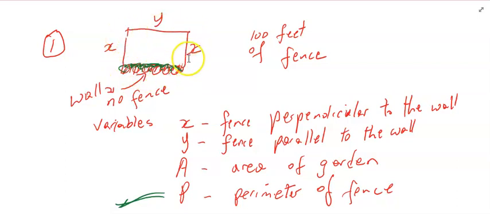The 2 sides perpendicular to the wall, we label those sides X, and the side parallel to the wall, we label it Y. There's 100 feet of fencing. The variables therefore are X, which is the fence perpendicular to the wall, Y, the fence parallel to the wall, A, the area of the garden. We'll also set up a P for your perimeter of the fence.